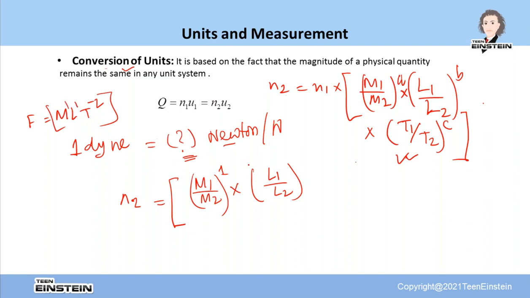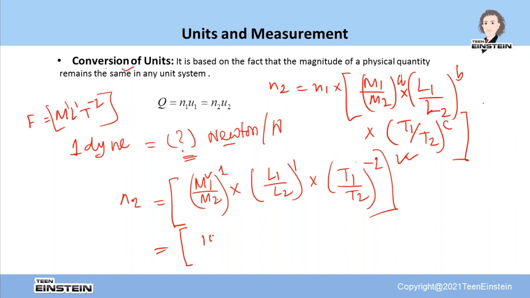This is again to the power 1, into T1 by T2 to the power minus 2. Now in this I have to write in CGS, and this is actually SI.